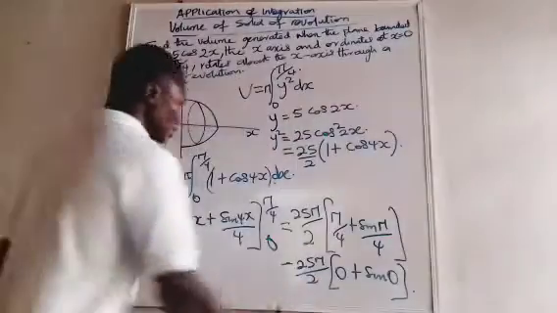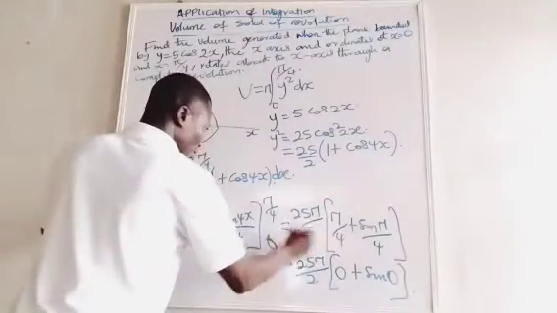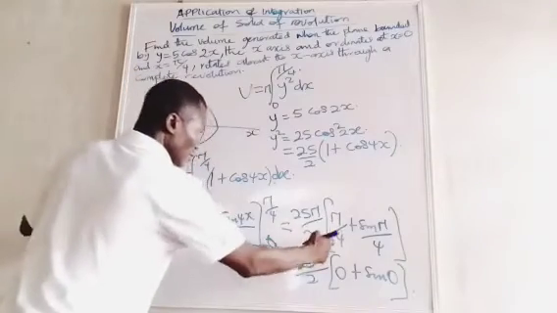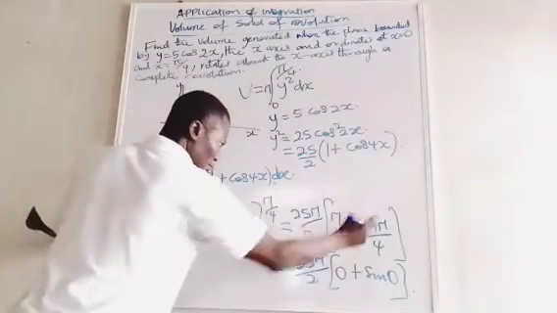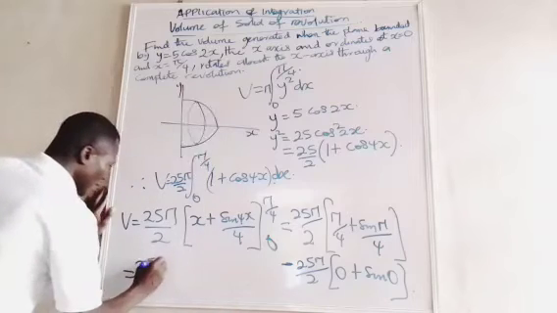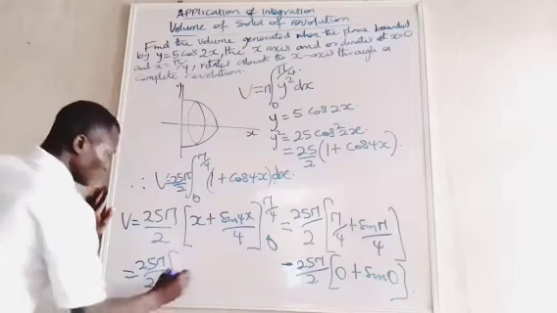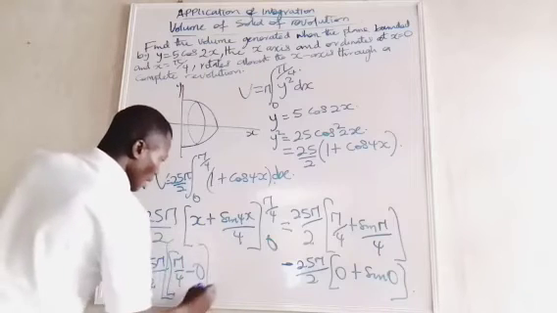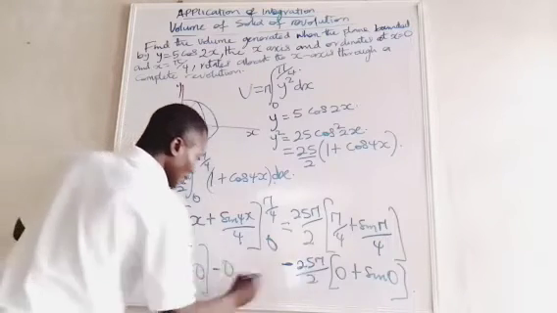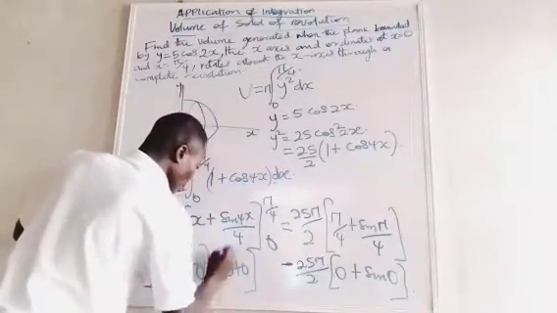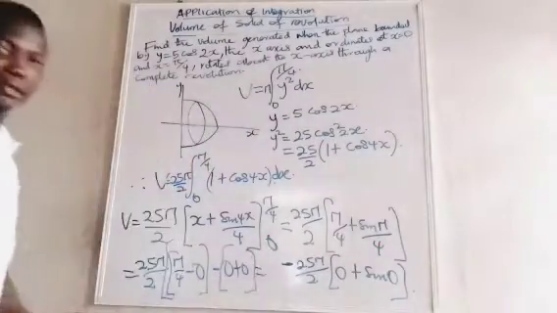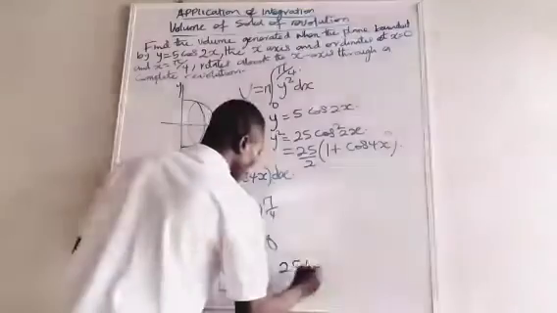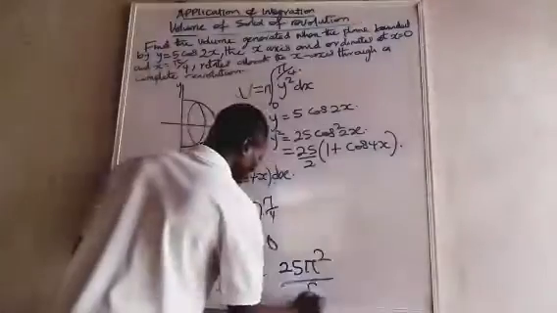You can see, this is minus, please take note, I'm subtracting this one from this. So at the end of the day, pi over 4 is there. Sine pi is 0. So it's going to be 25 pi over 2 into pi over 4 minus 0, minus 0. What is sine 0? 0. So at the end of the day, my answer is going to be 25 pi squared over 8.